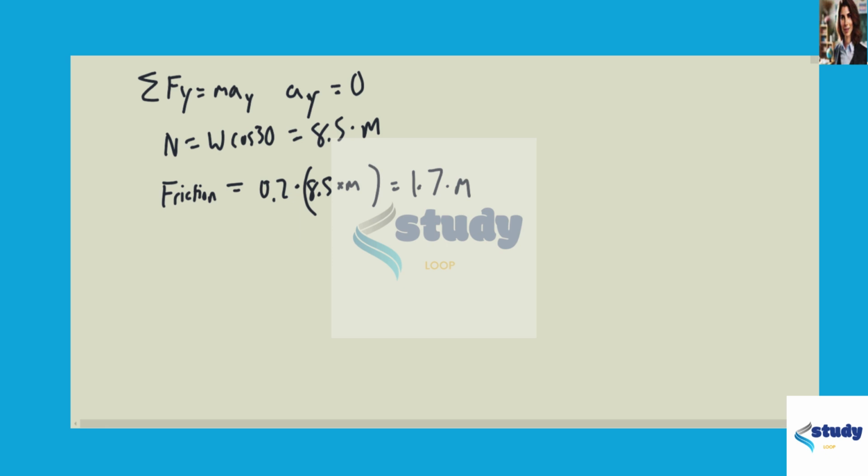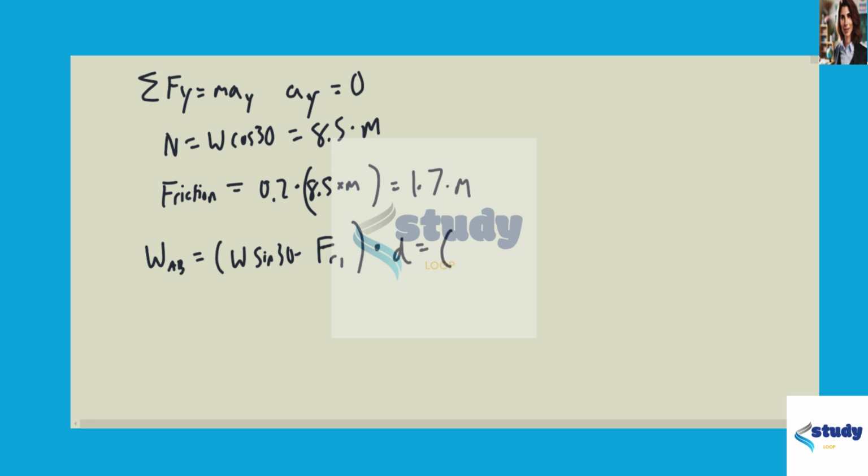Now the work done from A to B, just use this equation: mg sine 30 minus friction, let's call it FR1, and you multiply that by the distance.